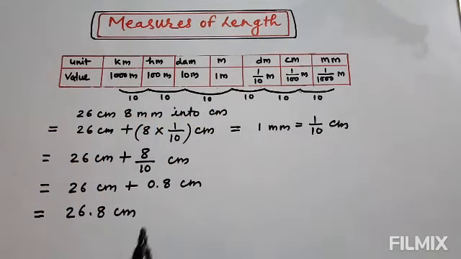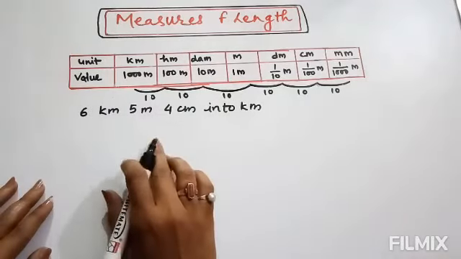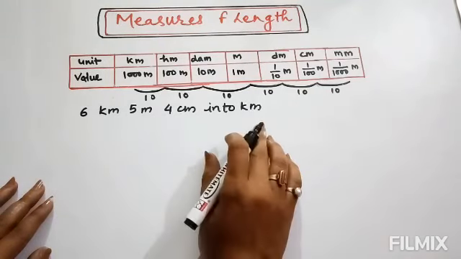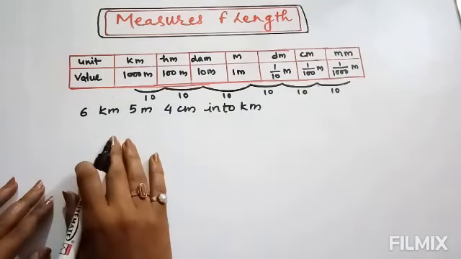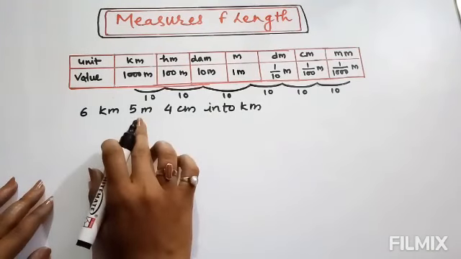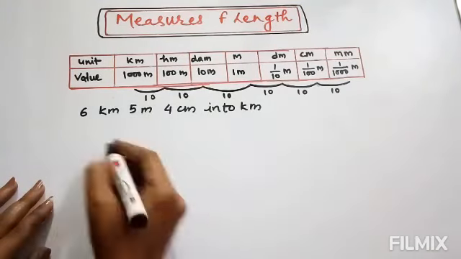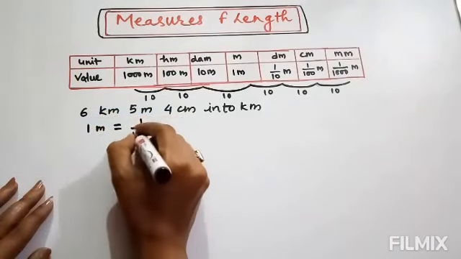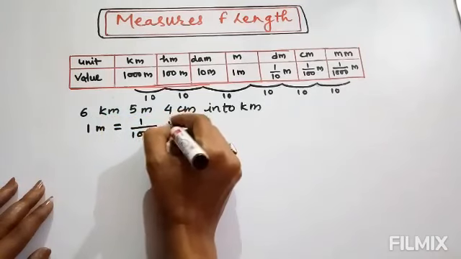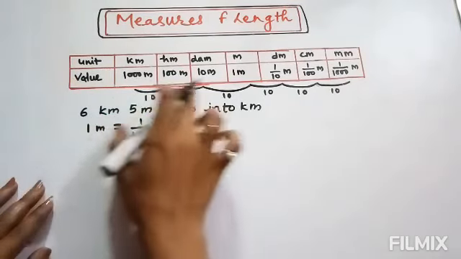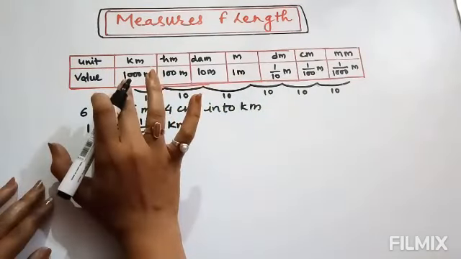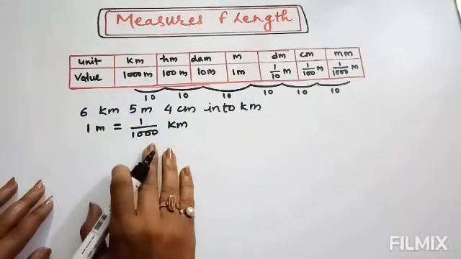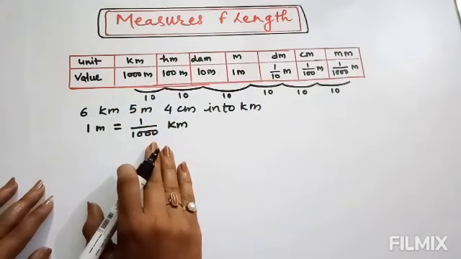Clear? Now we'll solve the next question: 6 kilometer, 5 meter, 4 centimeter into kilometer. In this question, we'll divide 5 by 1000, as 1 meter is equal to 1/1000 kilometer. The unit value is given as per the chart. When we are going to divide, we write it in fraction form.